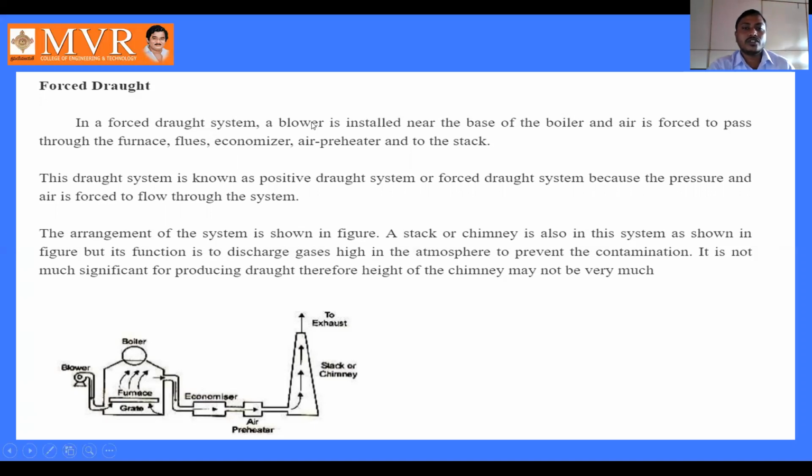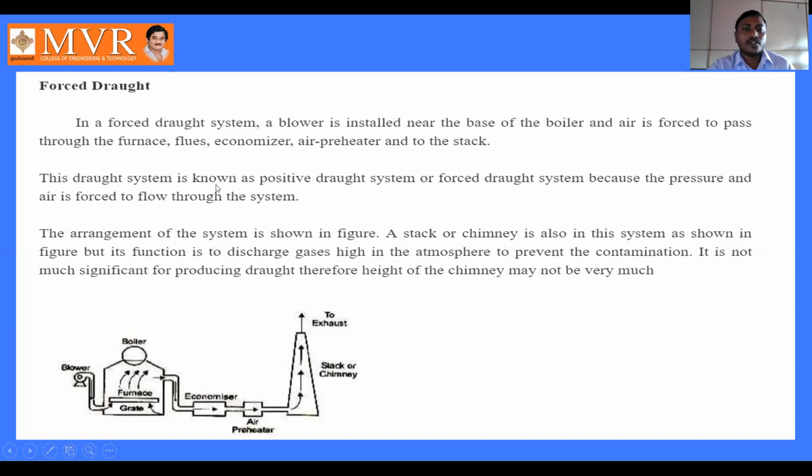In a forced draft system, a blower is installed near the base of the boiler, and air is forced to pass through the furnace. The air we force goes onto the grate, flues, economizer, air preheater and stack. By this, we pass the hot gases into the chimney.